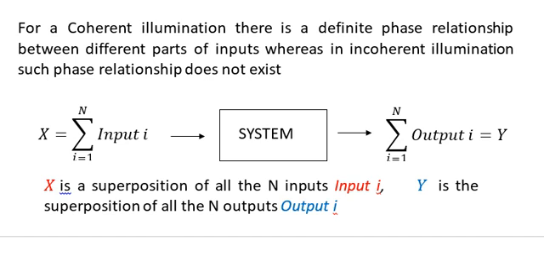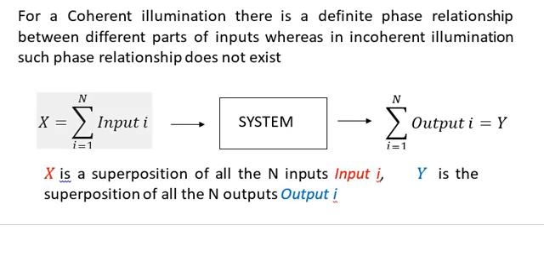Now we can represent the above system in the following form. That is, capital X is equal to the summation of all the inputs we have fed to the system one by one, and the system has given us an output, and we have on the right hand side the superposition of all the outputs giving you a total output equal to Y. So X is the superposition of all n inputs, input i, and Y is the superposition of all n outputs, that is output i.